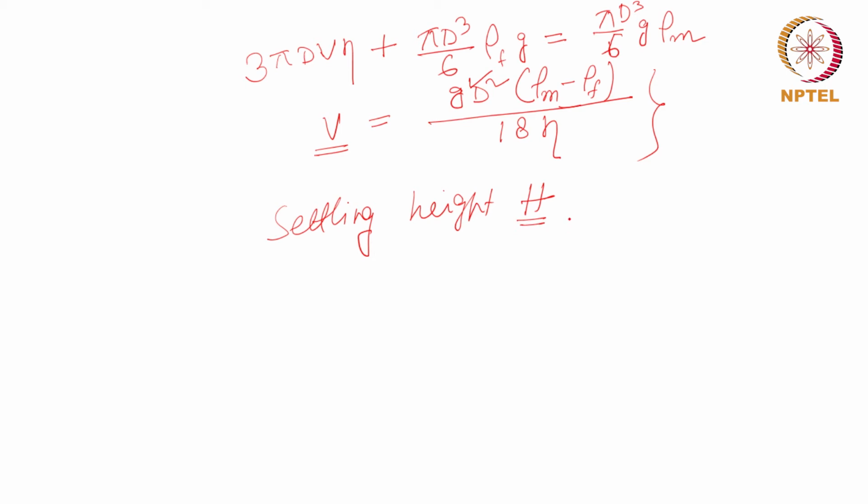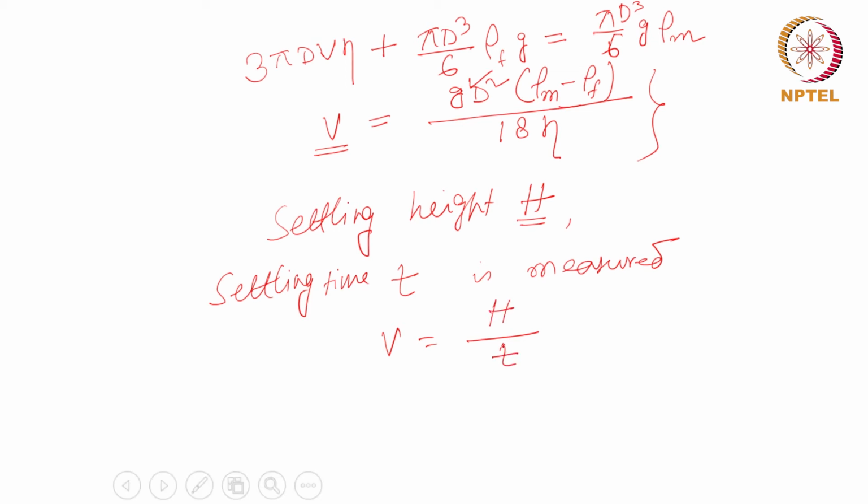let's say that is h, and in the measurement process the time taken for settling t is measured, and from here V can be easily calculated as h divided by t. Okay, so once this is obtained, it is replaced in this equation here and D is obtained.